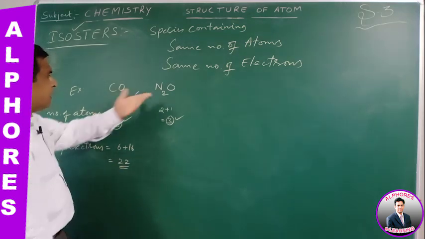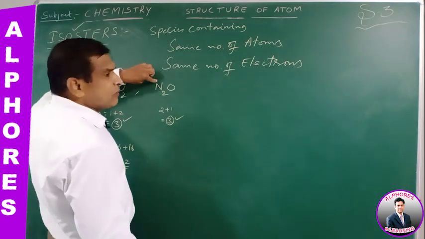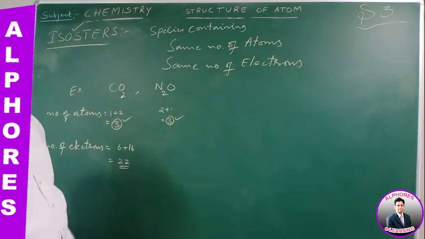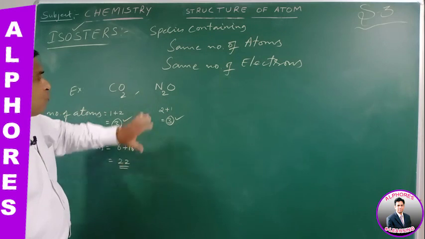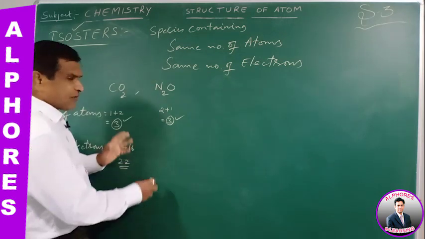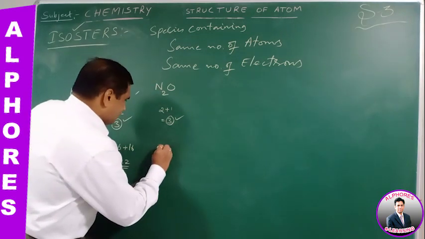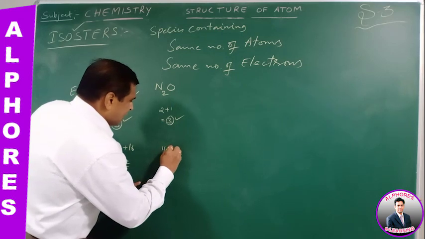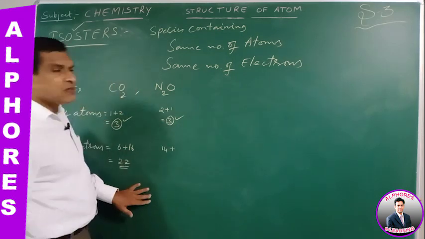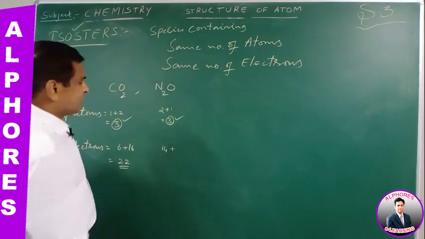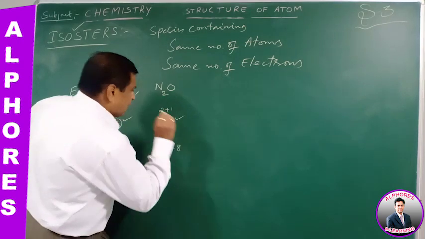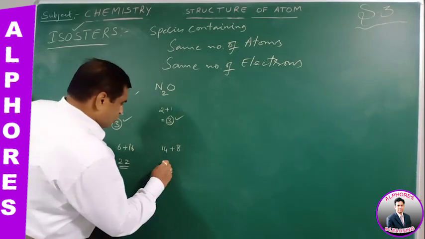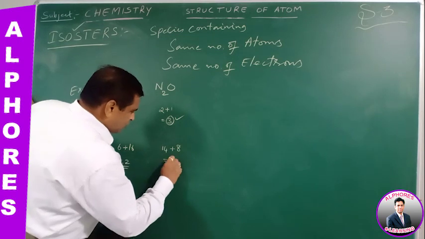Similarly, in nitrous oxide, nitrogen atomic number is 7 and 2 nitrogen atoms are present, so 7 plus 7, 14 electrons of nitrogen, and oxygen atomic number is 8, so 8 electrons of oxygen. The total is 22.